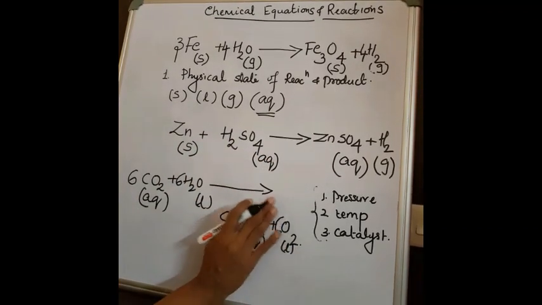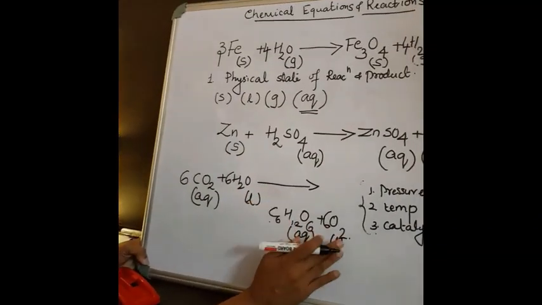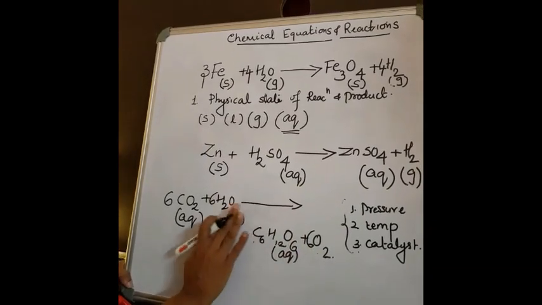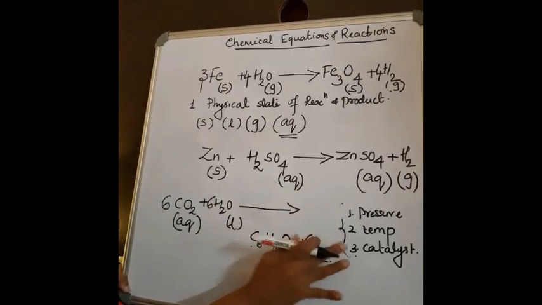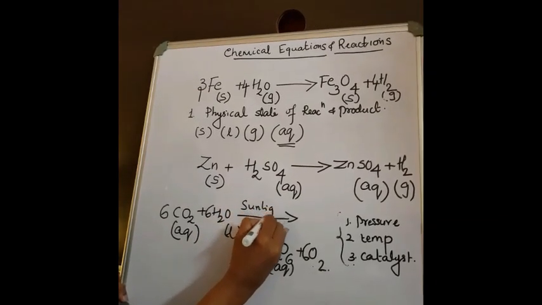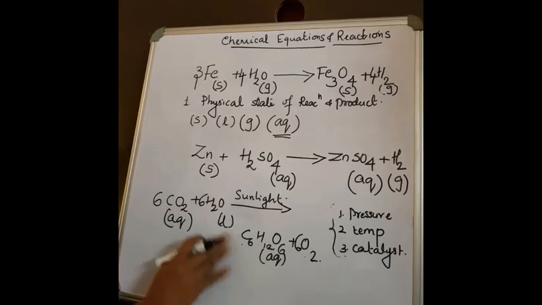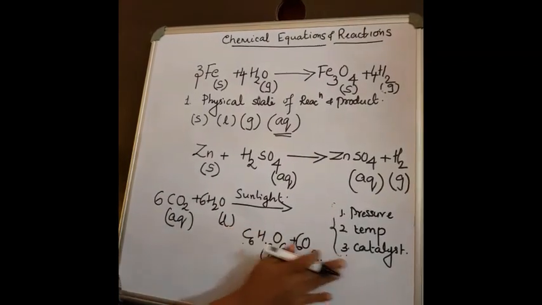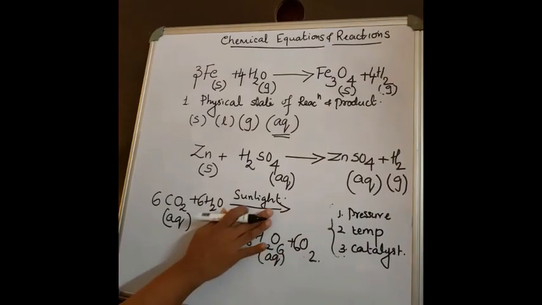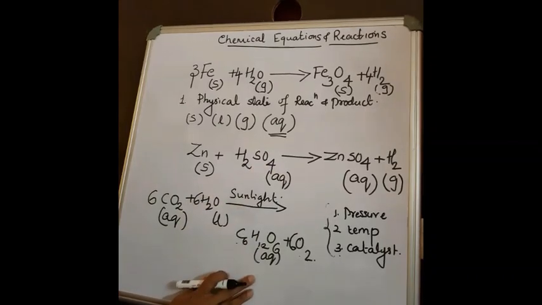So in order to have this equation, you need a catalyst, that is what? Sunlight is necessary as the catalyst. Okay. So this is an example for what? Catalyst. So you got the 3 points, that is these are the reaction conditions in which a reaction happens.